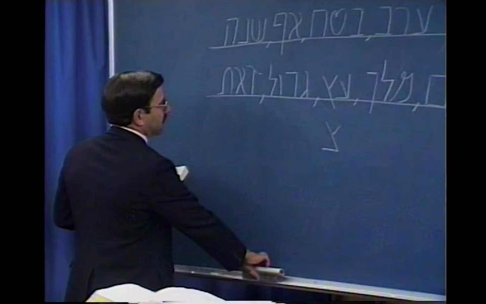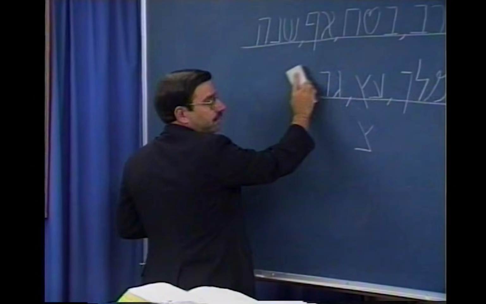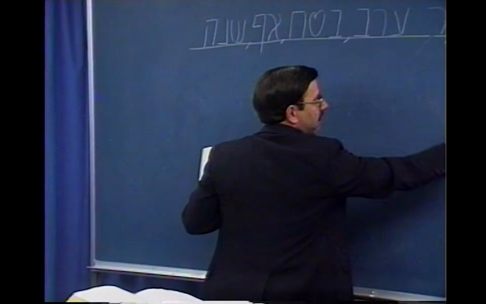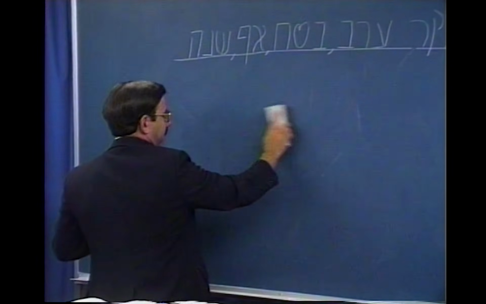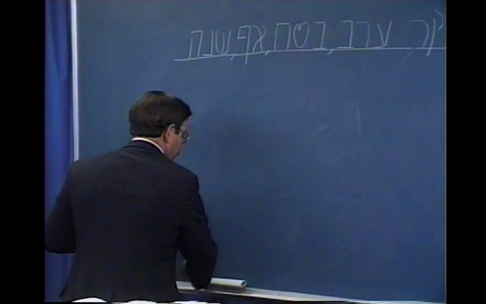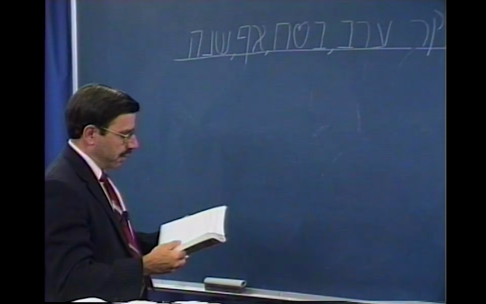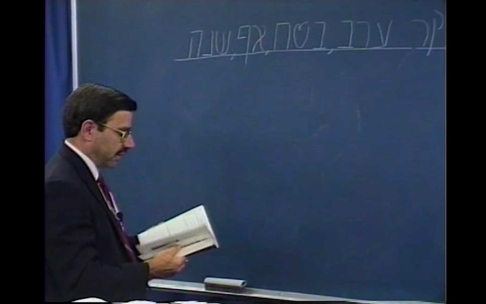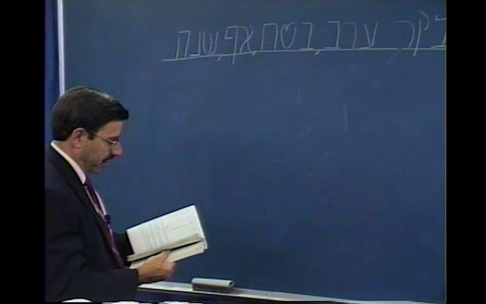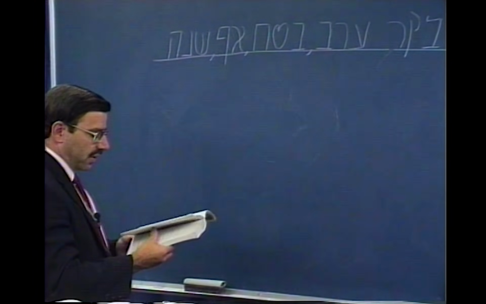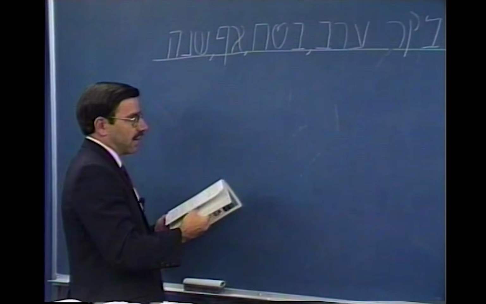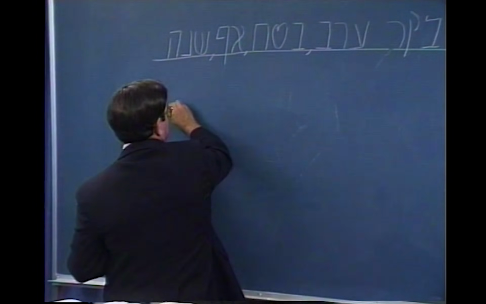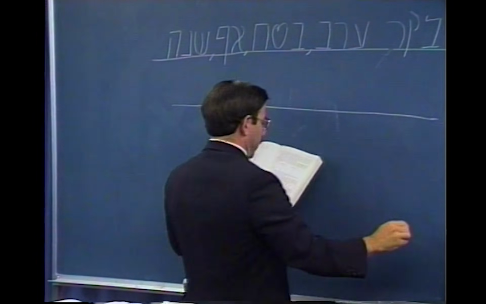Now I want to take just a moment here and review the letters that we need that have a special ending form. And once again, practice on these letters that have the special ending form. They're given to you on page 15. But let's practice writing the ending form for the kaf.